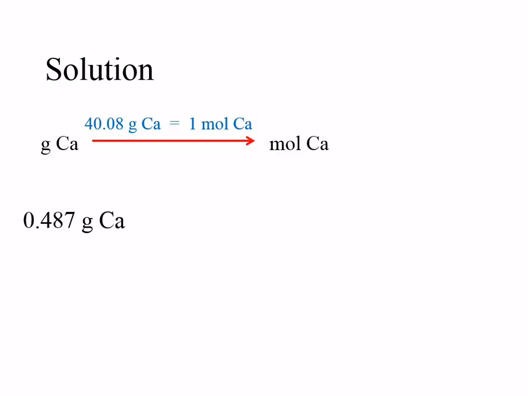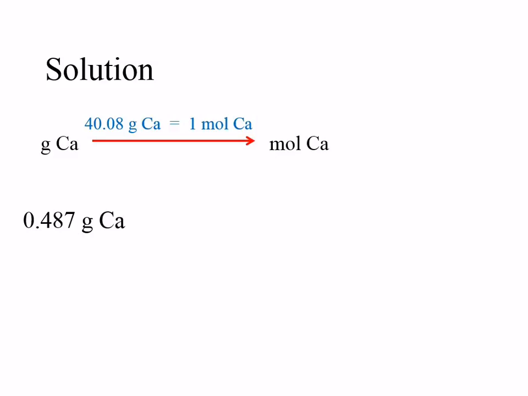I usually put it over 1. I'm going to ask you A or B. We want grams to cancel. We want to be left with moles. How many people think we'll use A? How many people think we'll use B?